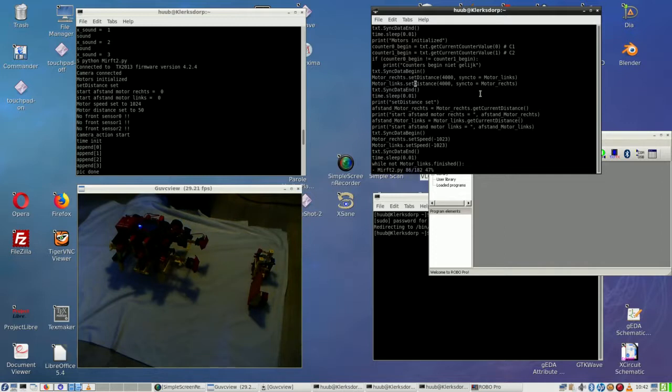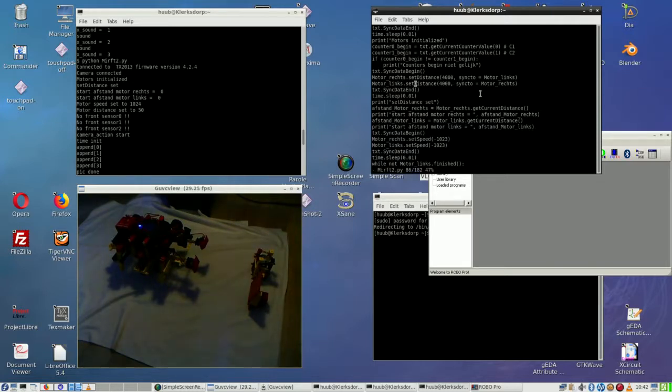So what's happening here? I set the distance to 4000, whatever the unit is. Cycles per second, cycles per meter, I don't care. Rotations, I don't care. Rotations is a cycle anyway.